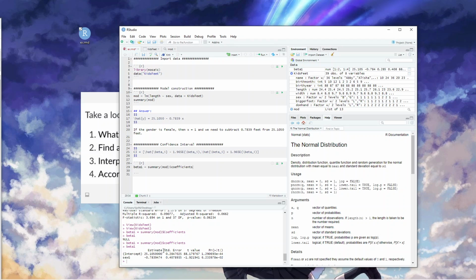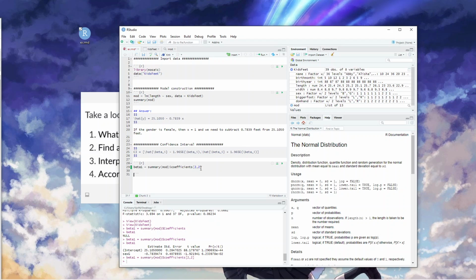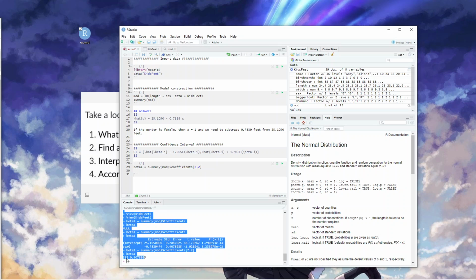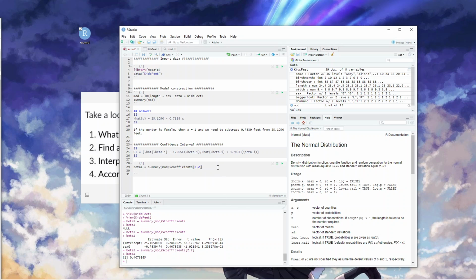That is the standard error for our predictor, right? So I'm going to say I want the data from the second row of the second column. Let me see, what's my beta 1? Okay, and we got this number, 0.407.